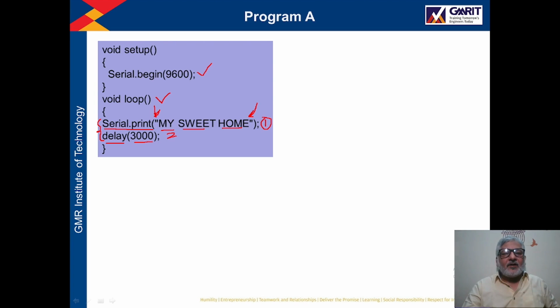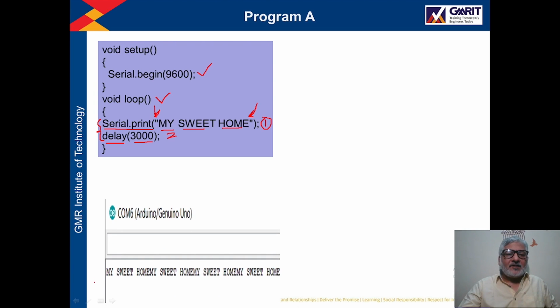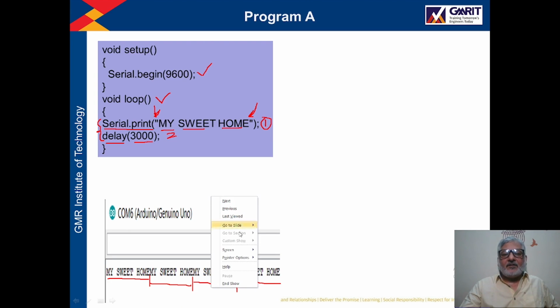You will find the result like this: my sweet home, then a delay of 3 seconds, then my sweet home again, then another delay of 3 seconds, and so on. Like this, continuously, with a gap of 3 seconds, this message will be displayed.